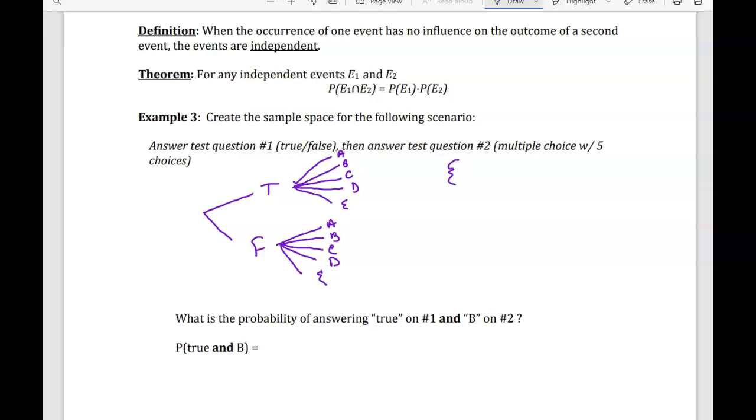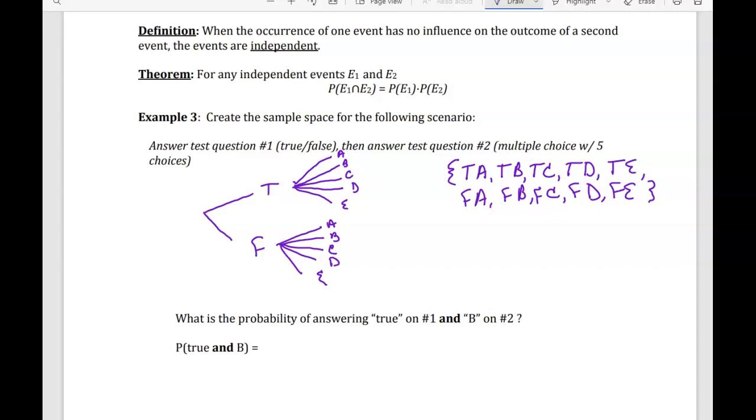So my sample space would be true A, true B, true C, true D, true E, false A, false B, false C, false D, and false E. What is the probability of answering true on number 1 and B on number 2?